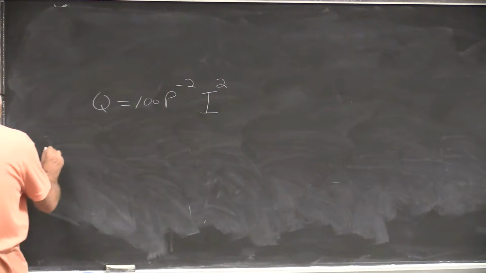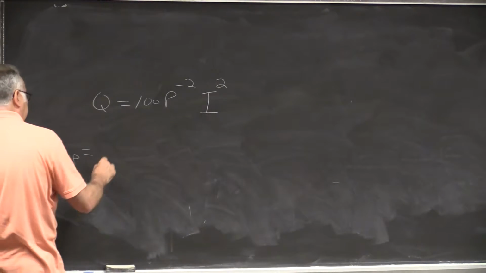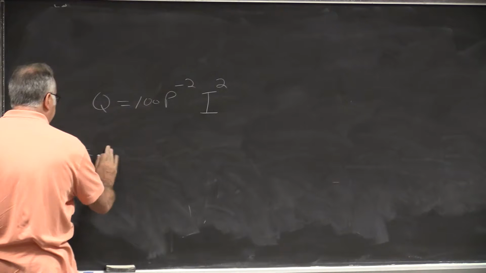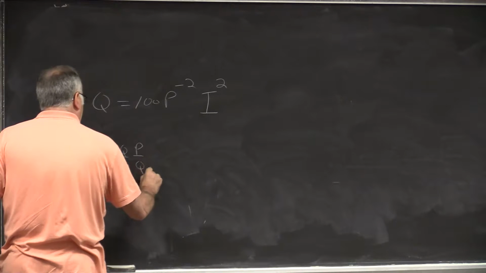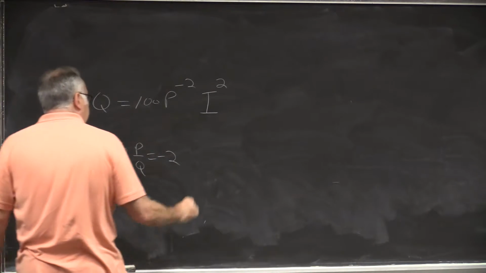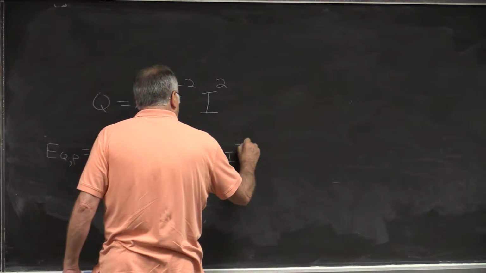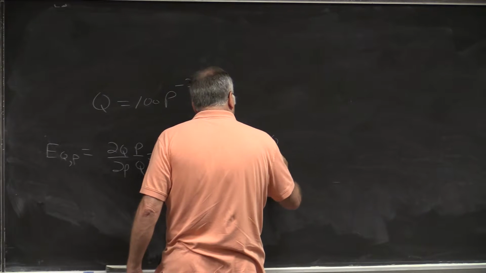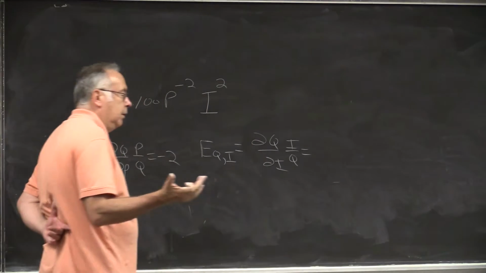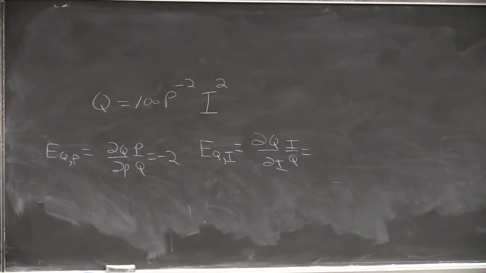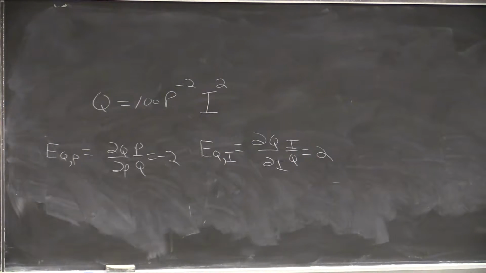Minus 2. If you worked out the elasticity of Q with respect to price, it would just be minus 2. Mathematically, this would be partial Q, partial P, times P over Q. Now, the elasticity of demand with respect to income, which mathematically would be partial Q, partial I, times I over Q, would be what? Plus 2. So this would be my example of these elasticity concepts.